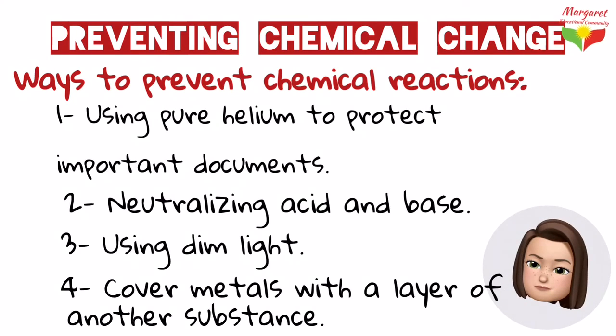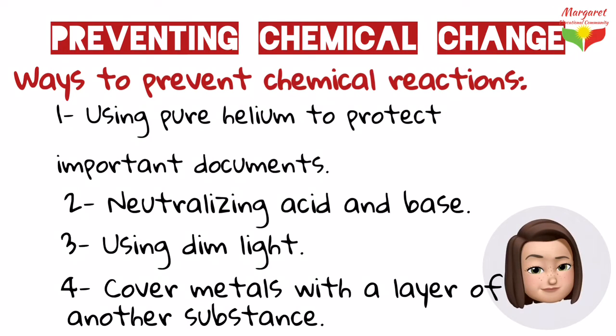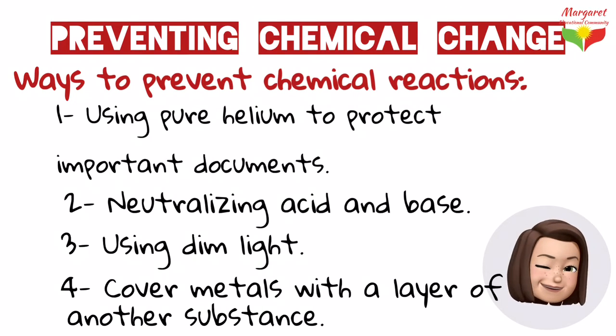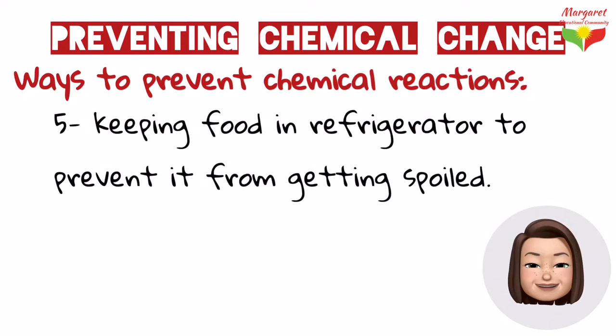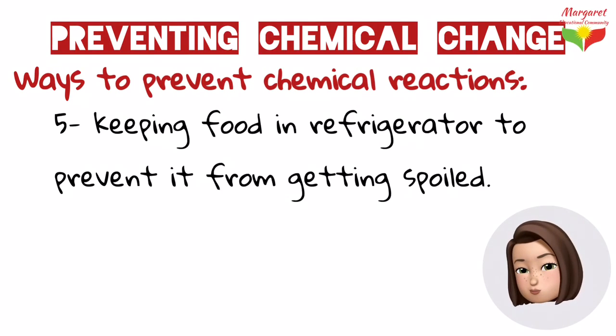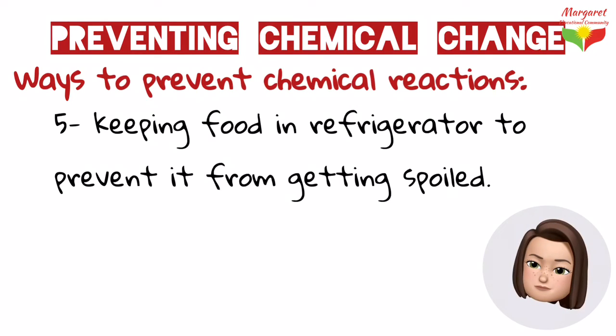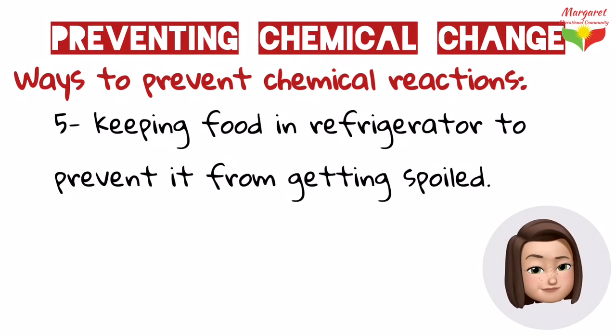You may not have known that yet, but we do prevent chemical changes every day. Food would be spoiled if it's not kept in a refrigerator or freezer. In this way, you're removing heat, which is another type of energy, and therefore slowing down the chemical change. And that's how we prevent food from getting spoiled.